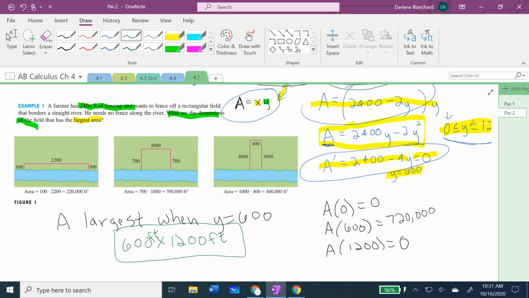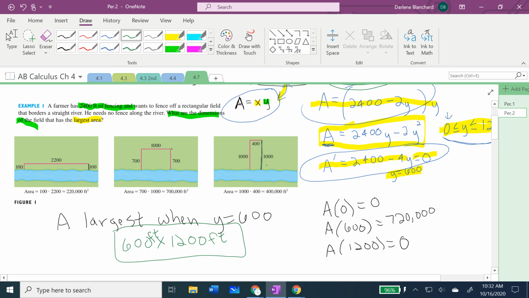And the figures. By figures, do you mean what's showing on the screen right now? Like the pictures, like the 3 little boxes. These? Oh, they're just trying to show, like, hey, if you make y too small, you won't have very much area. If you make y too big, you won't have very much area.